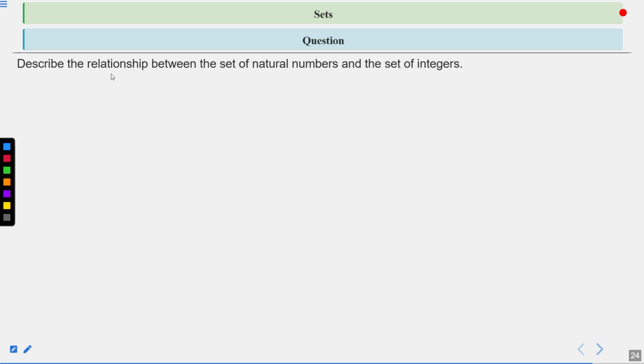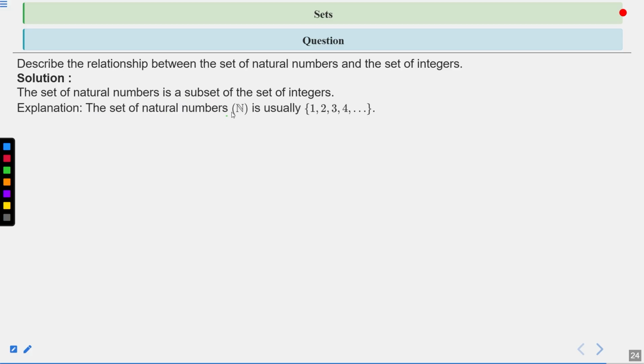This question: describe the relationship between the set of naturals and the set of integers. So we are talking in the context of subsets or supersets. Easy question. The set of naturals is a subset of the set of integers. If you recall the roster form, naturals are denoted by 1, 2, 3, 4, and so on, and the set of integers is minus infinity to minus 3, minus 2, minus 1, 0, 1, 2, 3, to plus infinity.